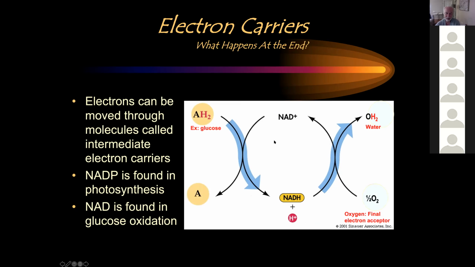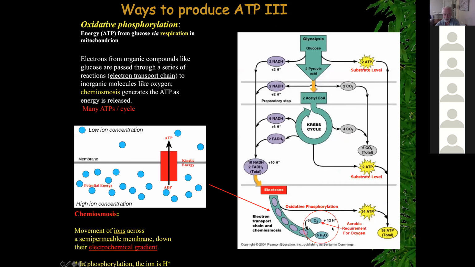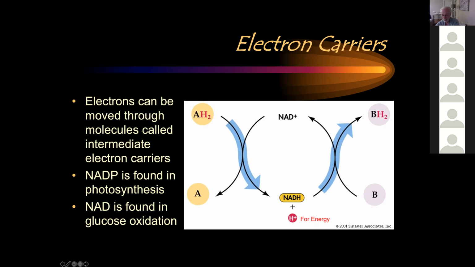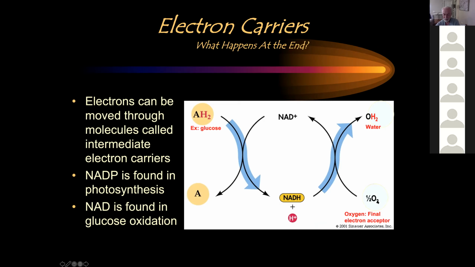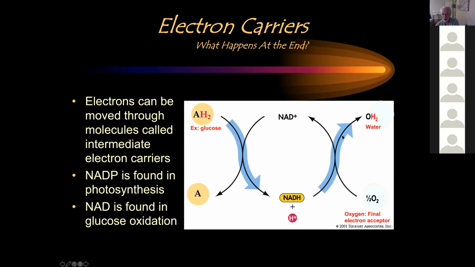And to make the point here about the electron transport chain, where oxygen is the final electron acceptor, if you substitute oxygen for B here, an oxygen molecule is the final electron acceptor, and water is the result.